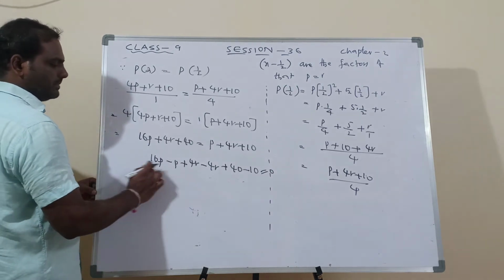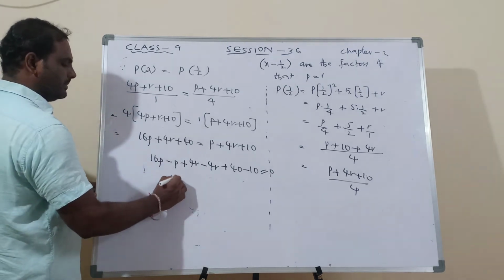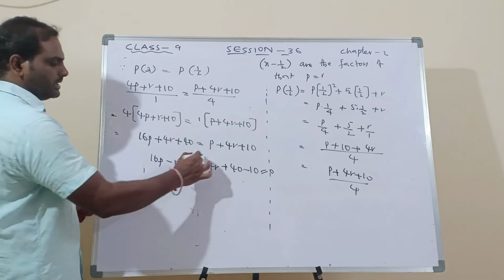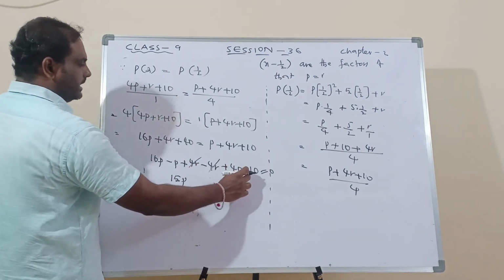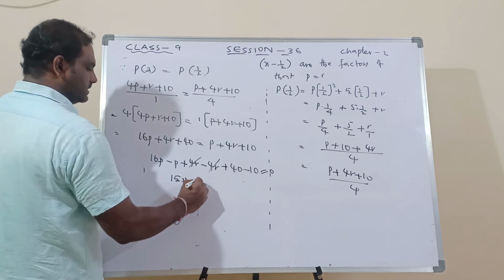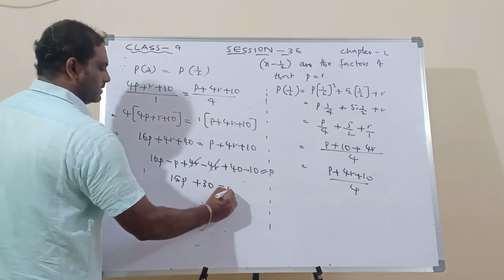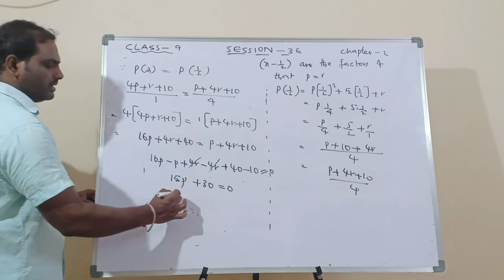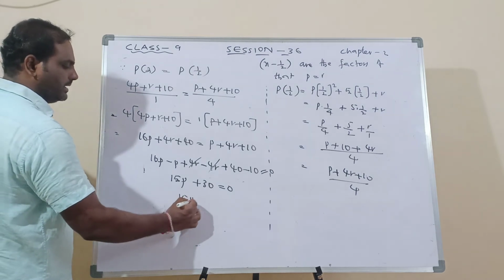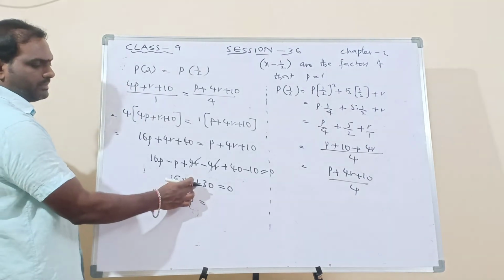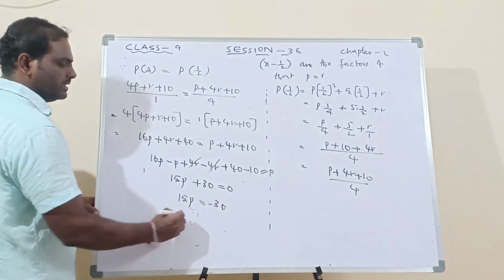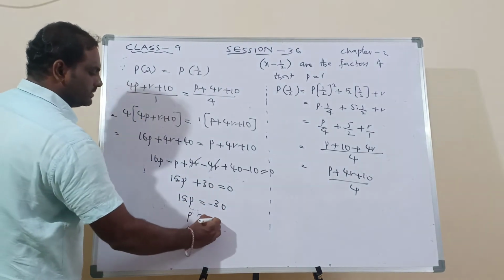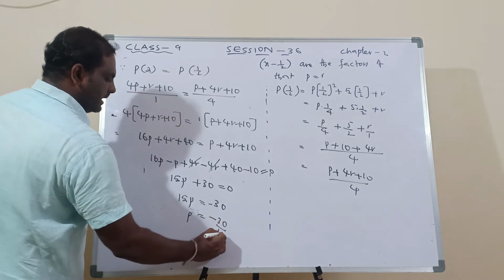So what is 16p minus p? It is 15p. Then plus 4r minus 4r cancel. Then 40 minus 10 is 30, equal to 0. So 15p is equal to, if plus 30 is sent to that side, it will become minus 30. So p is equal to minus 30 by 15.